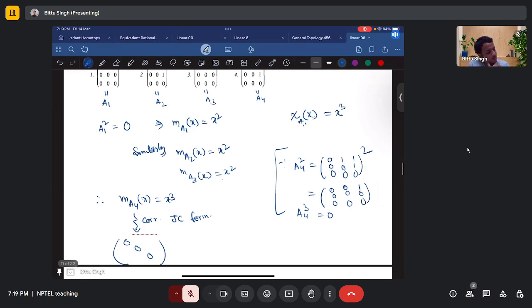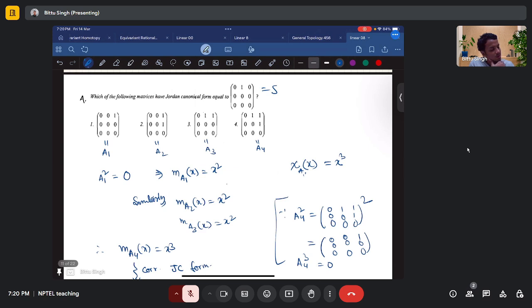But here the highest degree which appears in the Jordan form for this x minus 0 factor is actually 3. So there must exist a Jordan block of size 3, J3 of 0. But this is actually a 3 by 3 matrix itself. So the Jordan block for this will look like this.